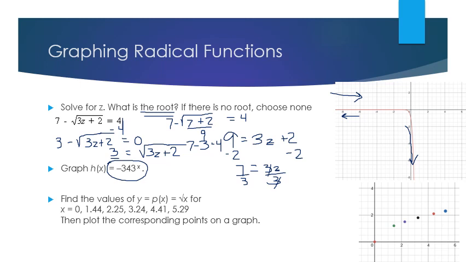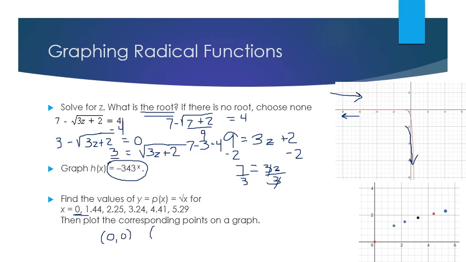Now I've done one for you, and this is in Desmos. I simply put in the points. So for instance, I know that when 0 is put in as the square root, the point I'm going to get is 0, 0, because 0's square root is 0.